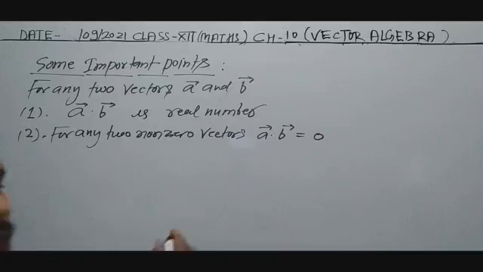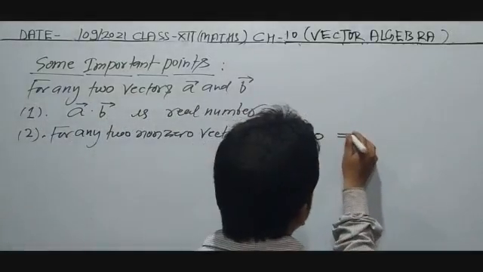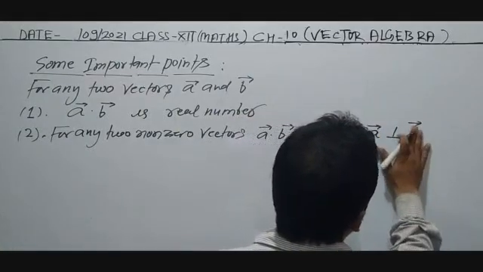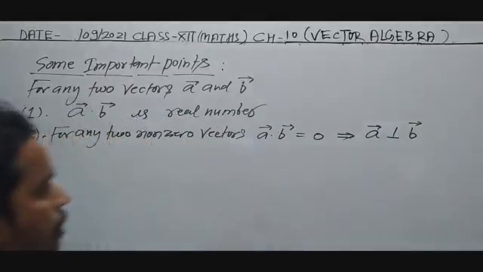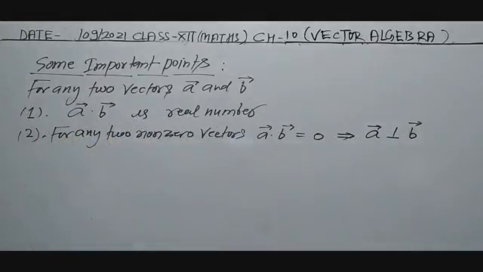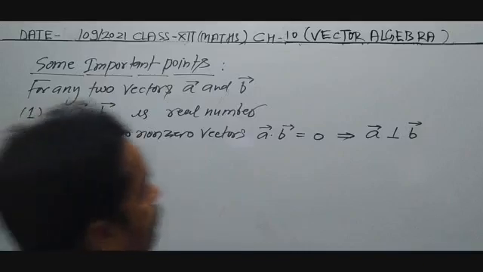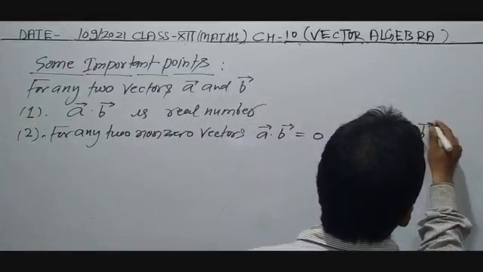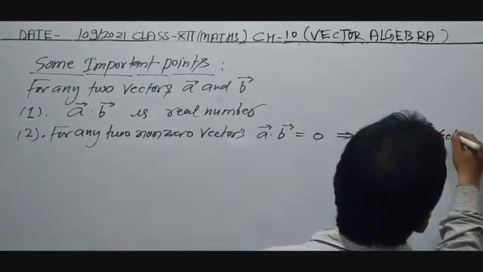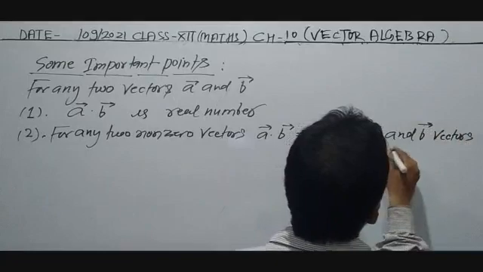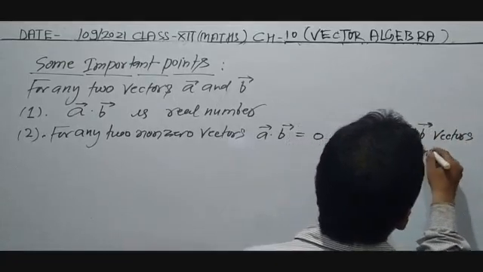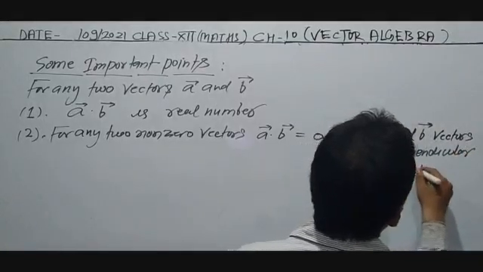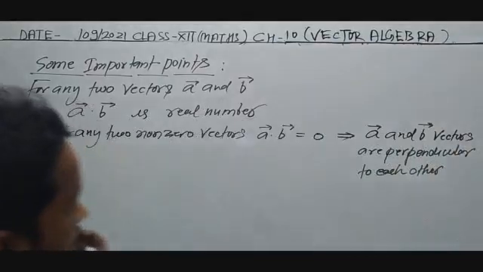This implies vector A is perpendicular to vector B, or vector B is perpendicular to vector A, or they are perpendicular to each other. We can write that A and B vectors are perpendicular to each other.